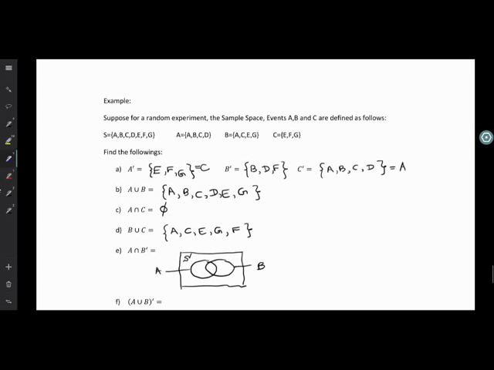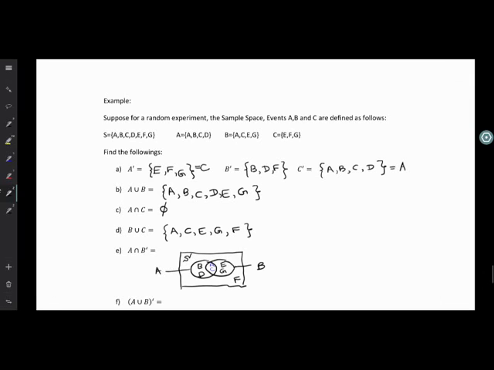They will be A and C. Then for A we have B and D. For B we have E and G. Outside these two circles we have the complement of the union of A and B, which will be F.